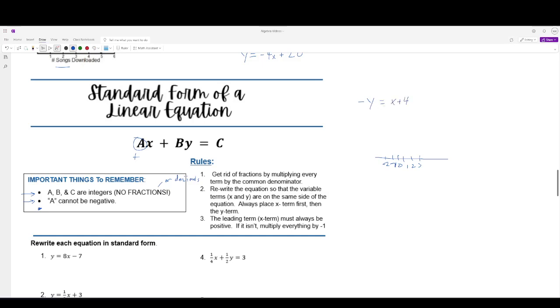We correct that in slope-intercept by multiplying or dividing each term by -1, and it switches all of our signs. So we get y equals -x minus 4. So same thing for standard form. If our first term is negative, we're just going to switch all 3 signs. So switch all signs if needed.